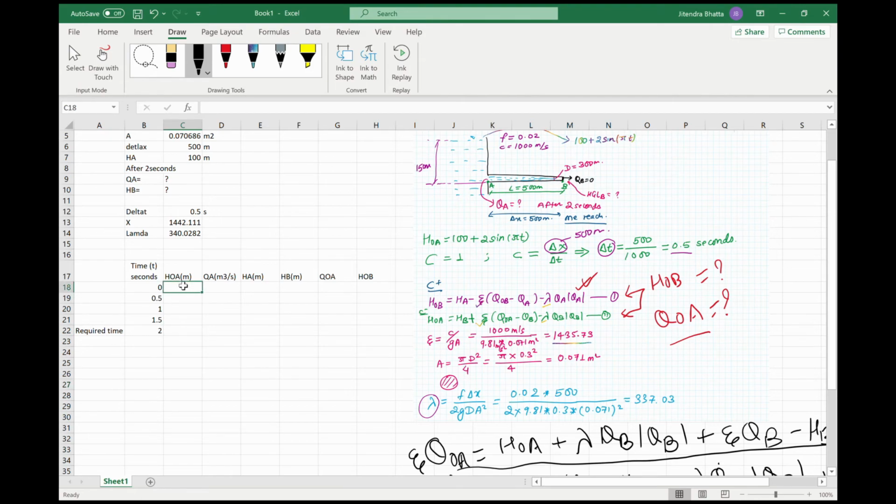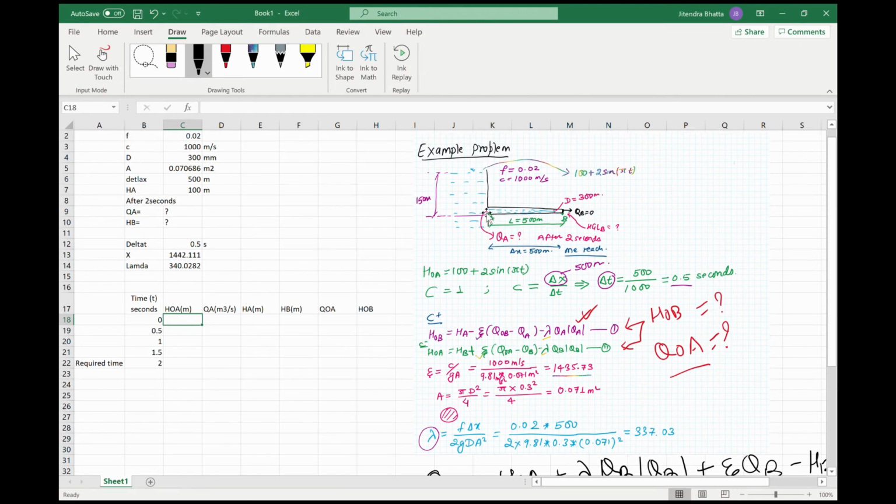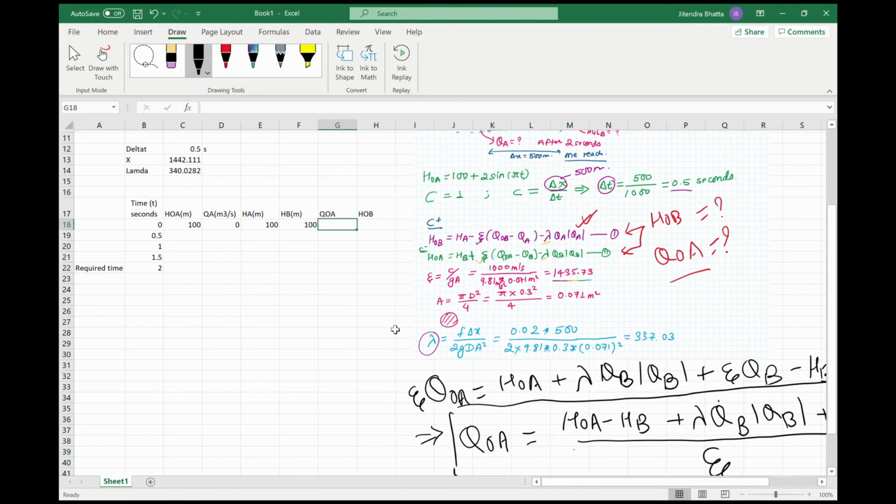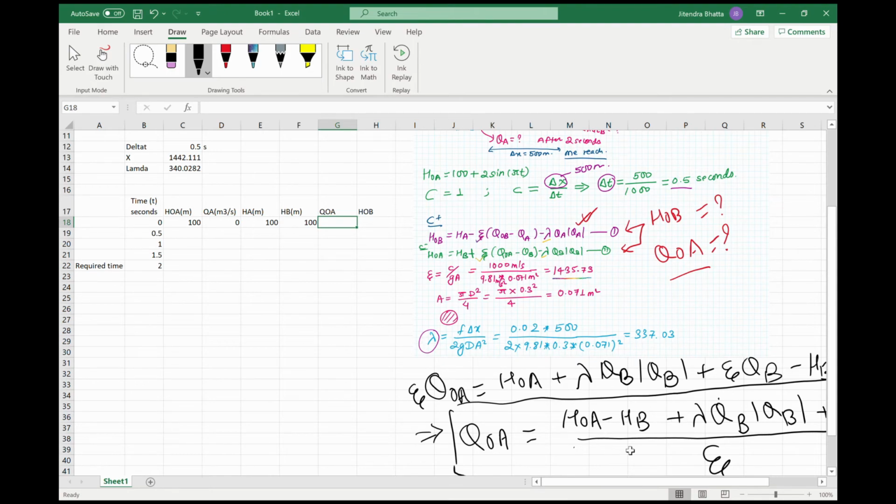So HOA, the head here, is 100 initially, QA is 0, HA equals 100, HB equals 100 in the initial condition. Therefore your QOA will be given by this equation here.